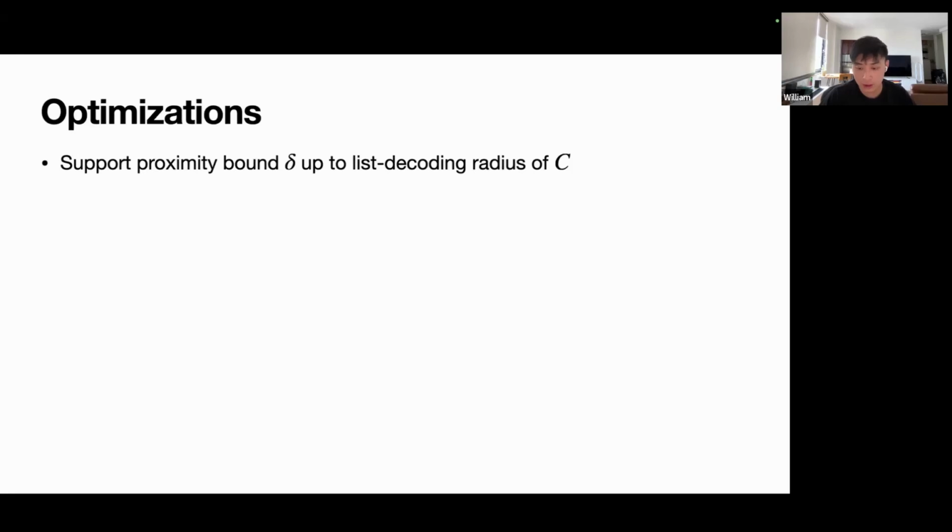The soundness error is just the proximity gap error for Reed-Solomon codes up to that list decoding radius, plus the sum check error. So there's no special error corresponding to the fact that we're talking about subcodes. Really, the fact that we're talking about subcodes is just related to the sum check error. I don't know if that answered your question, Binyi.